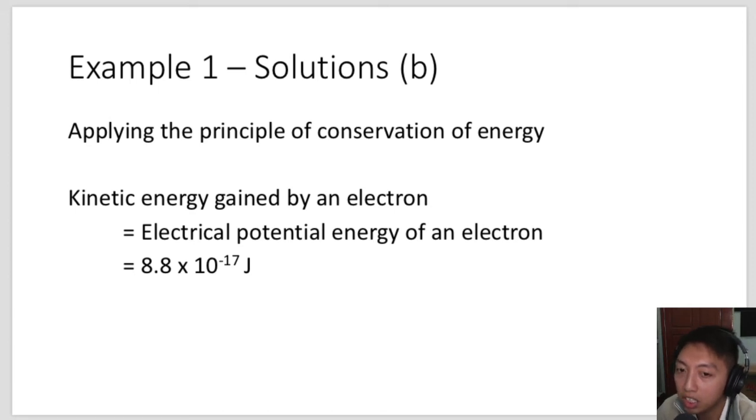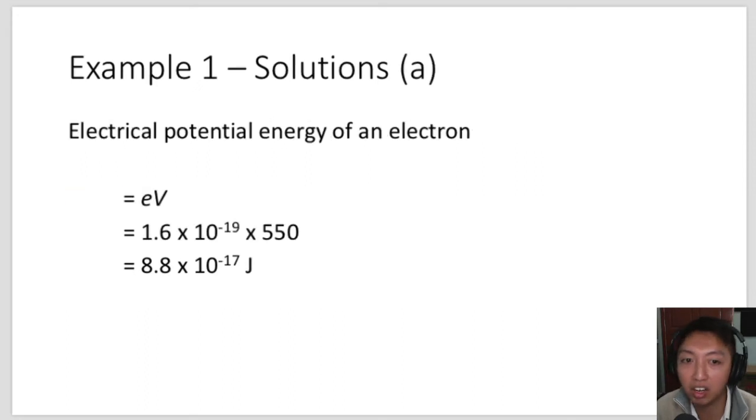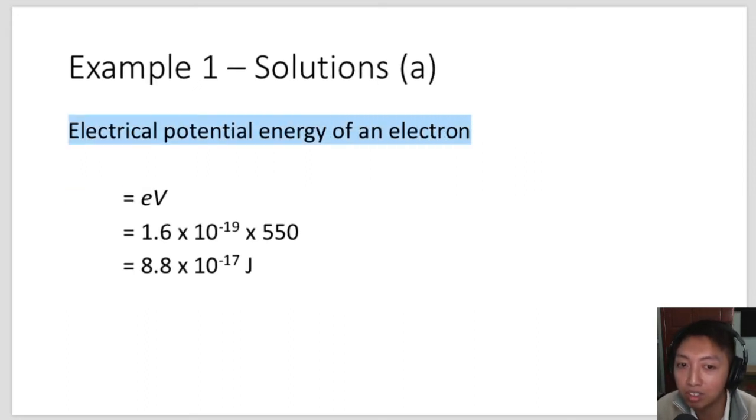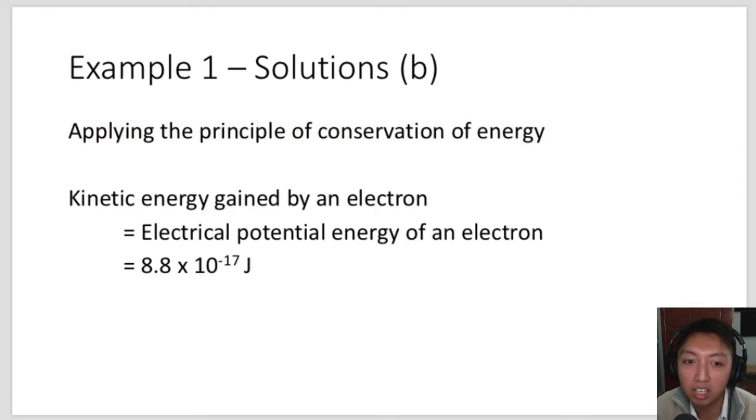So all the energy ends up turning into kinetic energy and goes to the anode. That's why the potential energy and the kinetic energy gained are going to be the same. You cannot gain more kinetic energy than the energy that is given to you. Since this is the amount of energy you're given in the beginning, you end up with the same amount of energy. You cannot gain and you do not lose any energy.